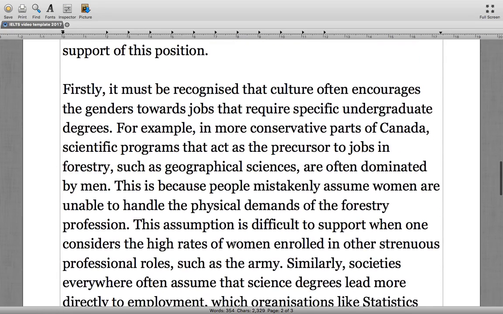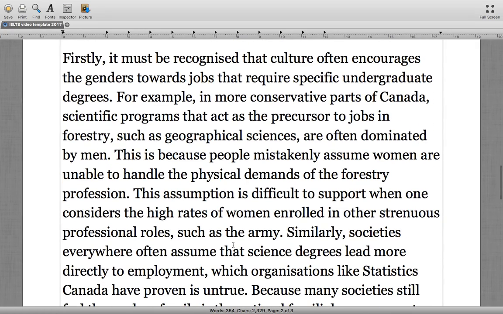Firstly, it must be recognized that culture often encourages the genders towards jobs that require specific undergraduate degrees. For example, in more conservative parts of Canada, scientific programs that act as the precursor to jobs in forestry, such as geographical sciences, are often dominated by men. This is because people mistakenly assume women are unable to handle the physical demands of the forestry profession.